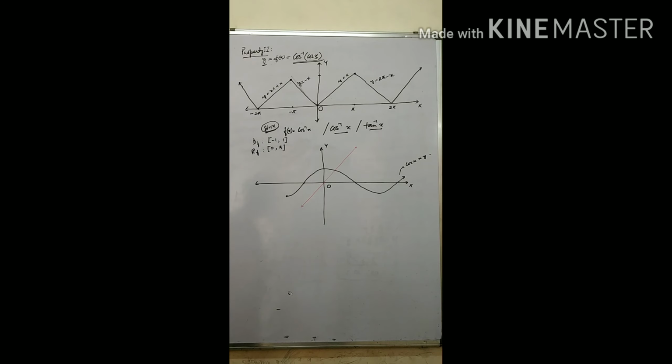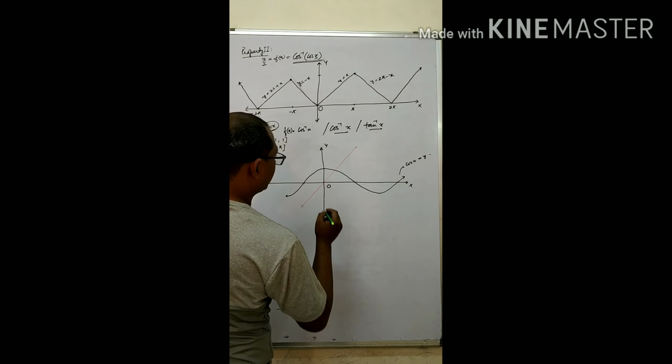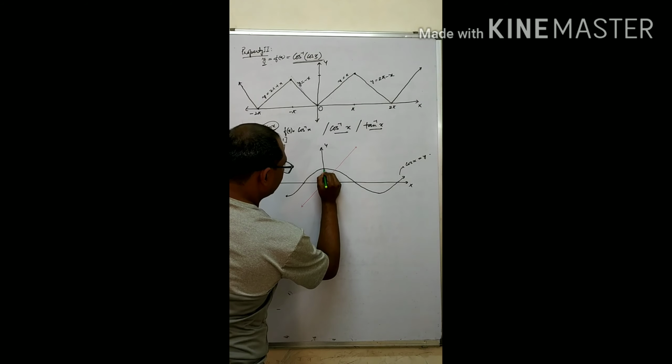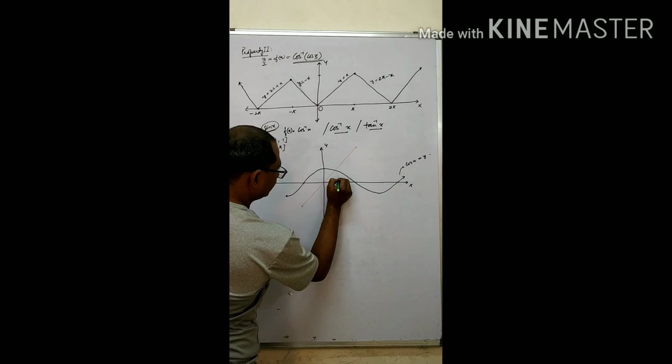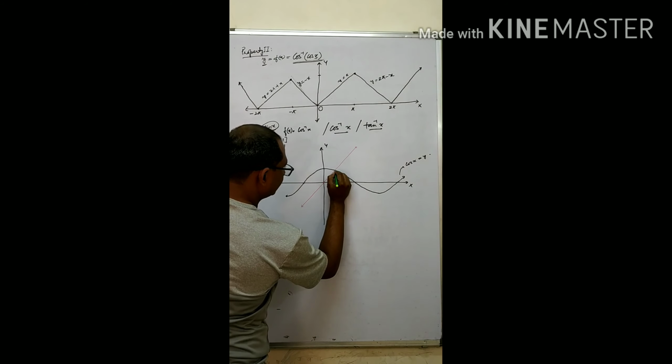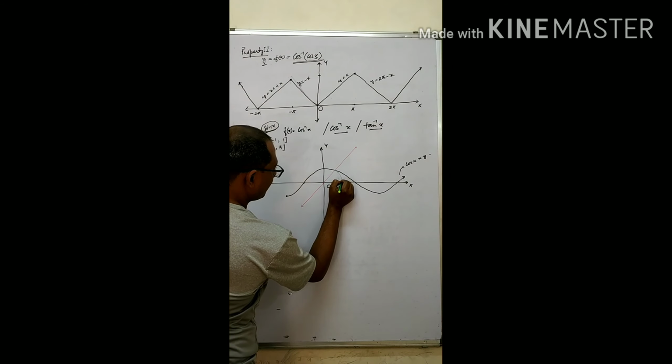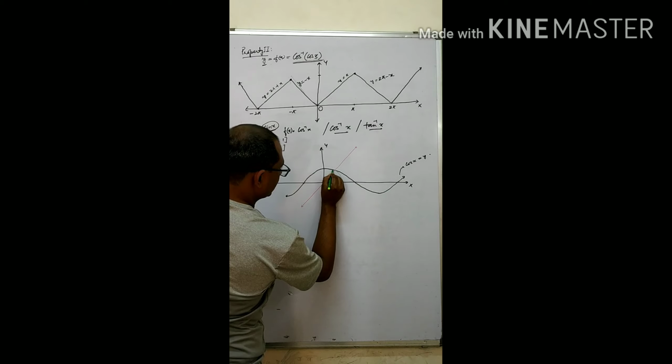If we take the image, how will it look? This part will map to this. Image of this part will be this.